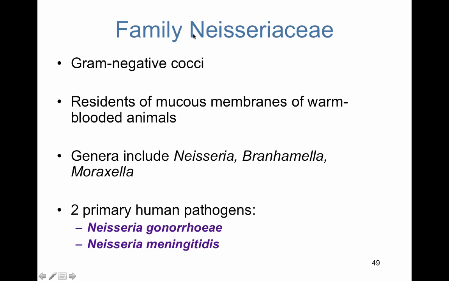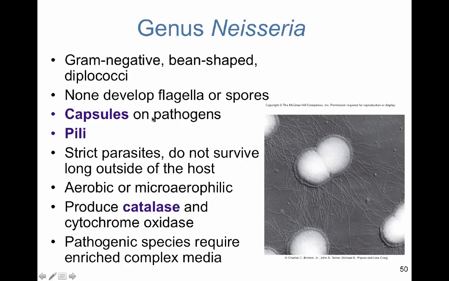And then we have the Neisseria genus. So we are going to cover gonorrhea and meningitis. So for Neisseria, they have capsules. They also have pili. And now we're actually changing over here from the gram-positive coccus to the gram-negative.